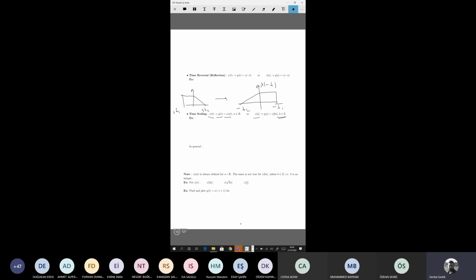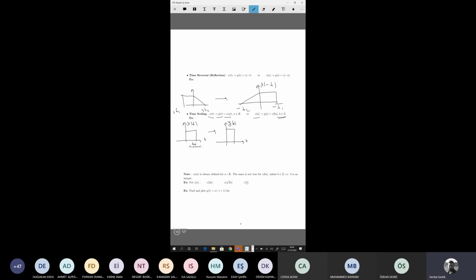So here, I again have b as an integer. So what are my examples? Let's say I have here t, x of t, and this is my t0. What about if I plot y of t, which is x of at?